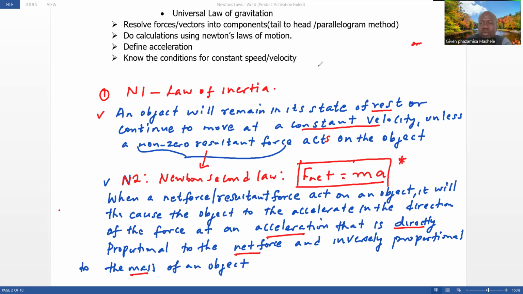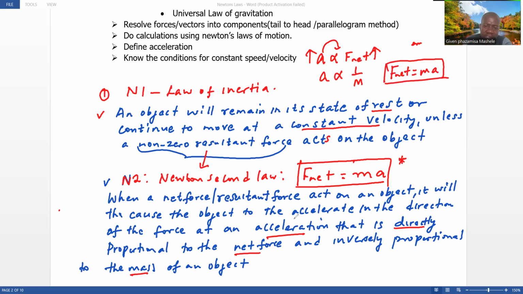It means if we compare acceleration and the net force, they are directly proportional, so you increase the net force, you increase the acceleration. But acceleration and the mass are inversely proportional. That's why we end up having F net equals m a.